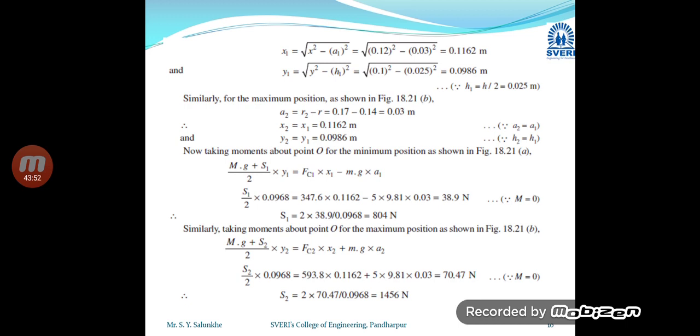Now we can write the formula and take the moment at the point of fulcrum for the minimum position of all forces which are acting. So that will be (mg, capital Mg, plus s1), where s1 is the spring force acting at the minimum speed of rotation, divided by 2, into y1, the distance of the force from the fulcrum, is equal to the centrifugal force multiplied by its distance x1, minus mg into a1.